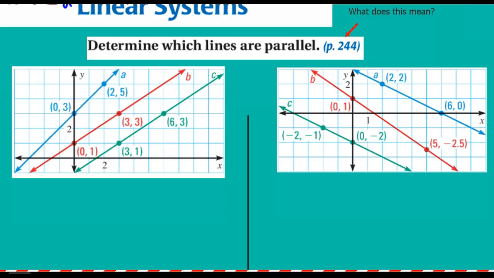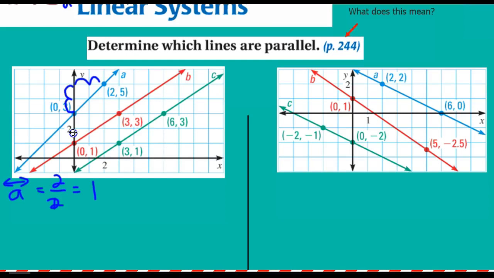If we take a look at this first line, line A, we can find parallel lines by counting the rise over the run. So I can go up 1, up 2. Line A slope is 2 over 1, 2. So 2 over 2, which would actually just give us a slope of 1.